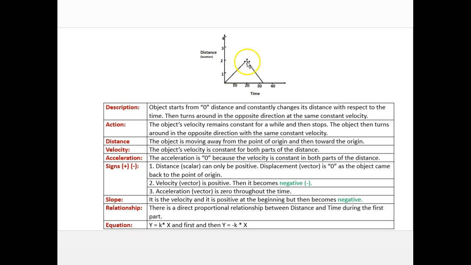Slope is positive, slope is negative. All right. There's a direct relationship in the first part only, but not in the second part, because in the second part you didn't start from the origin, and for there to be a direct relationship, the process must begin from the point of origin.